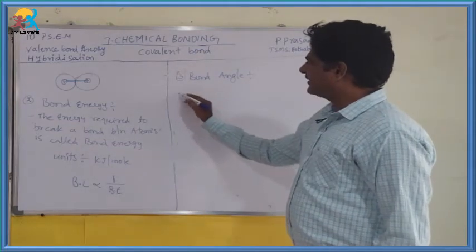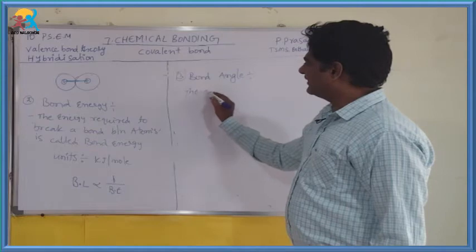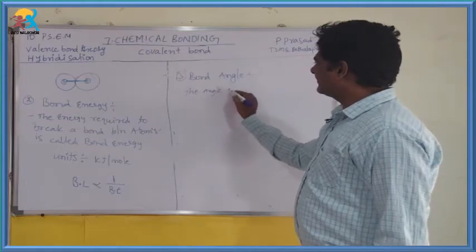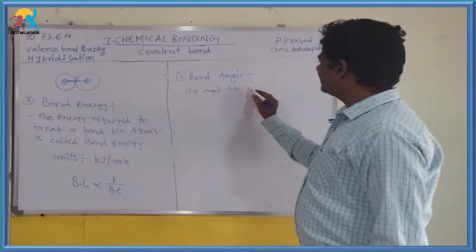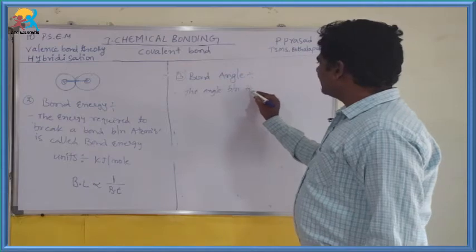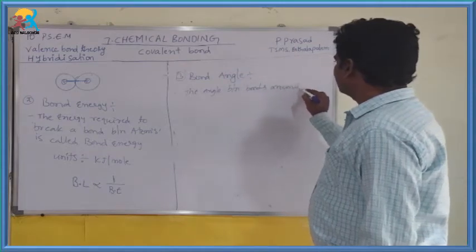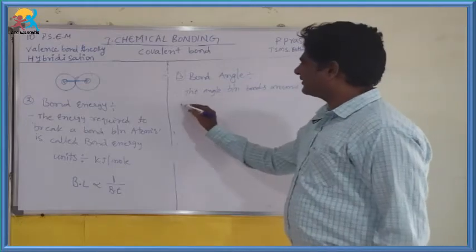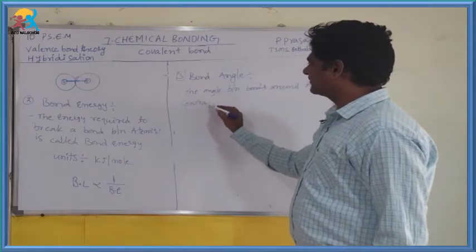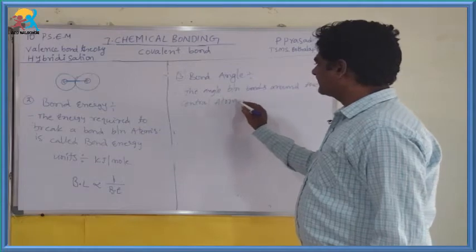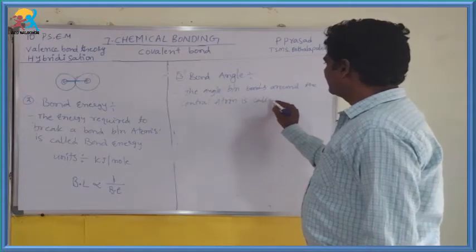I am writing the definition here also: the angle between bonds around the central atom is called bond angle.